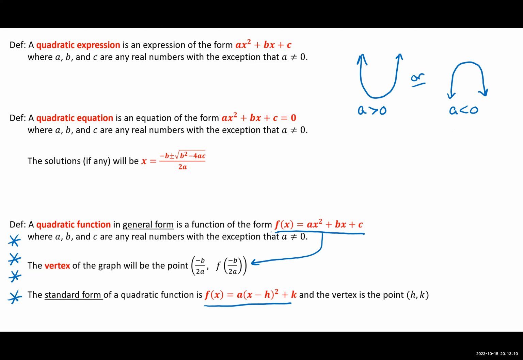If you have a quadratic function in general form, then the vertex of that parabola is that central point that, if you drew a vertical line splitting the graph into two equal halves, you would cross through that vertex.